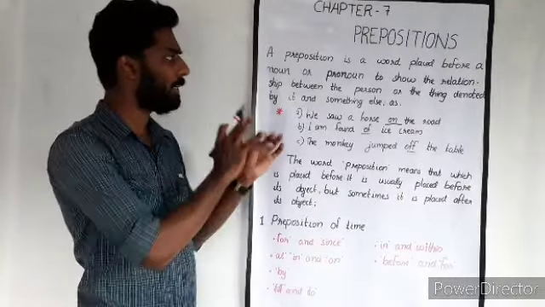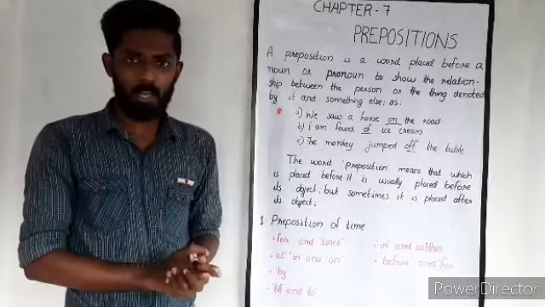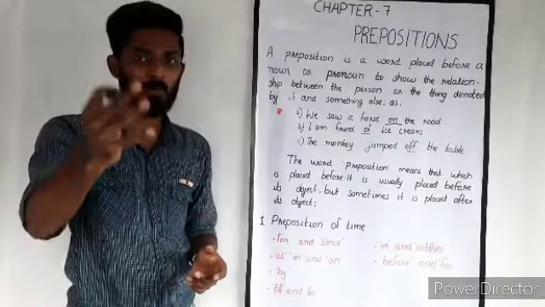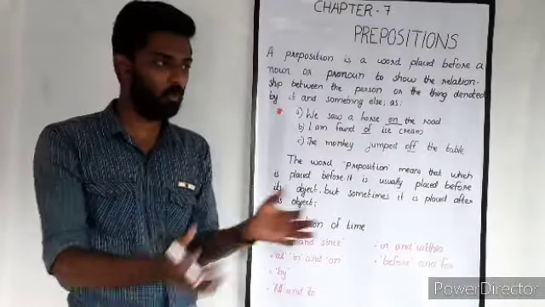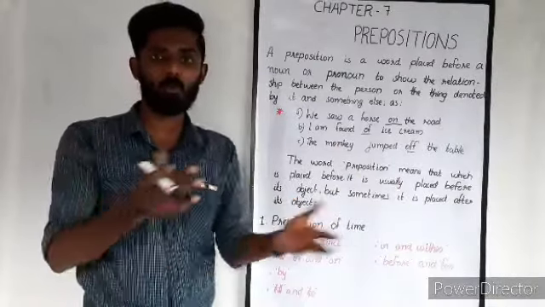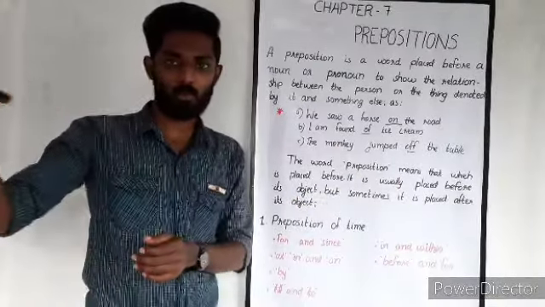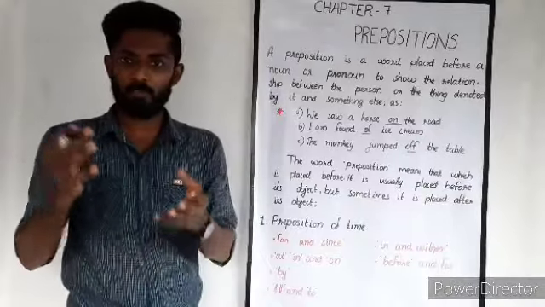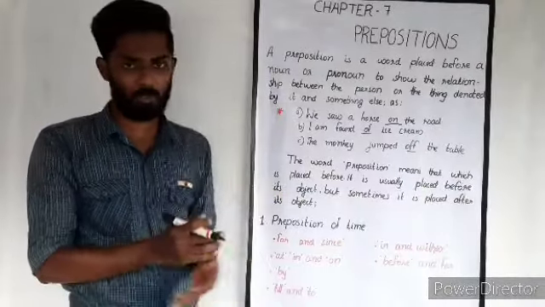This is a general idea about prepositions, and we have to know more about them, for example where to use them and when to use them. We cannot use them wherever we want. There are rules and ways in which we use these prepositions.